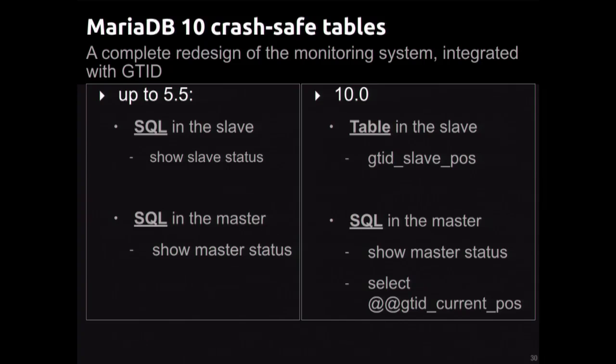We are going to see an example later on. MariaDB, so the situation up to 5.5 is the same as MySQL. In 10.0, we have one table in the MySQL schema for the slave and nothing in the master, same as in MySQL. So compared to MySQL, the tables related to replication for MariaDB are really, really poor.